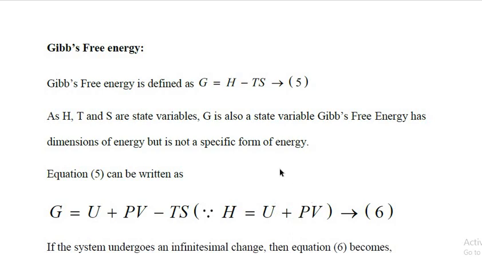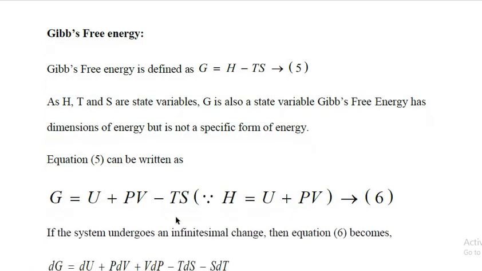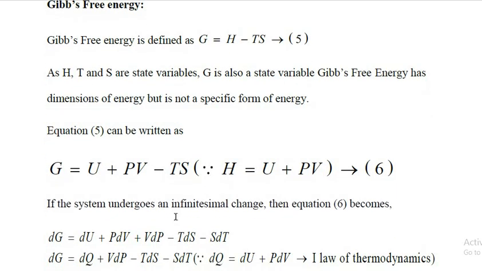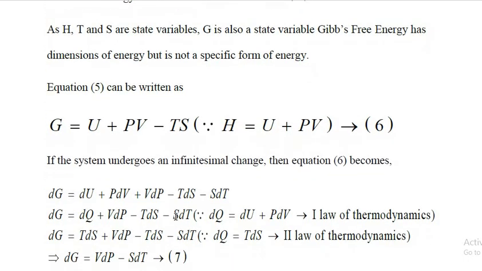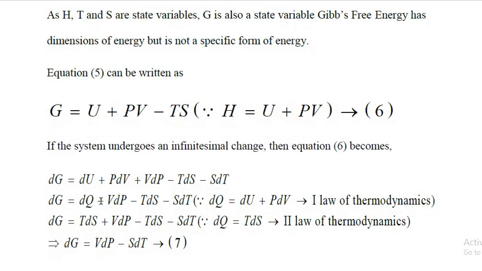So substitute that in equation 5, and you will get U plus PV minus TS. Now if the system undergoes infinitesimal change, then equation 6 becomes dG is equal to dU plus P dV plus V dP minus T dS minus S dT.